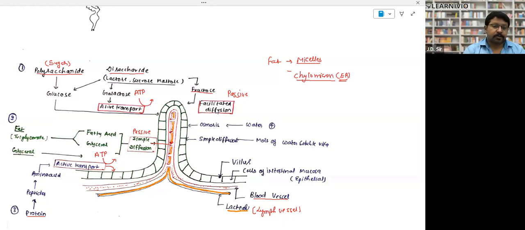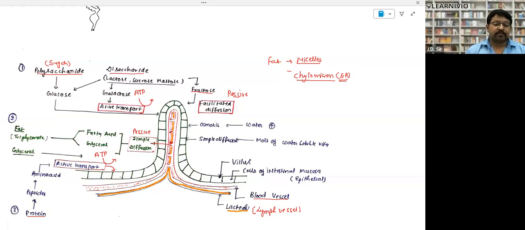Yeah, sure. What I said is, look, this is the diagram of villi, right? Inside villi, the outer layer is made up of epithelial layer. Inside this epithelial layer, there are two things: arteries and veins. Look, these are the blood vessels. It is written over here. And the central part is a thicker vessel.